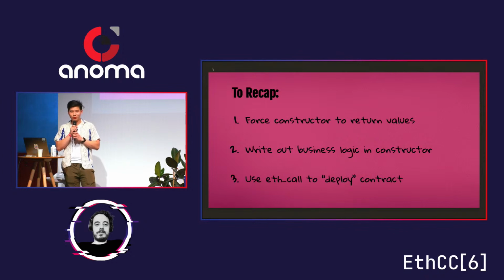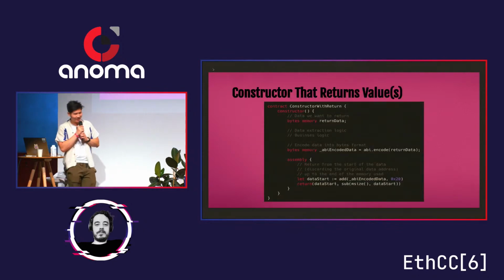But this deployment is read-only, and you don't actually deploy the contract. You're just deploying it so that it performs your business logic to organize and transform your data, which you then can extract. So how do we make a constructor that returns these values?